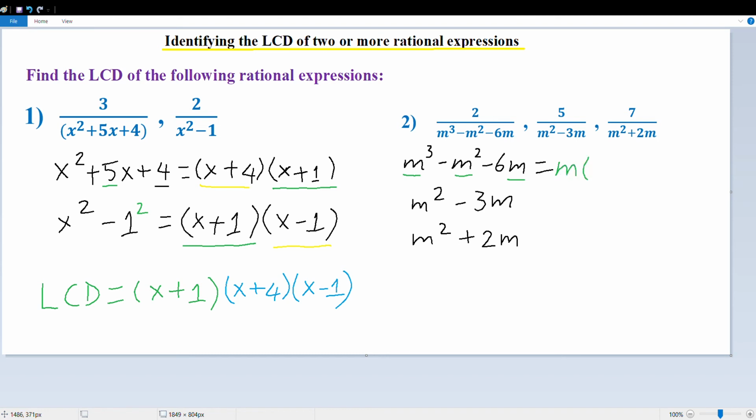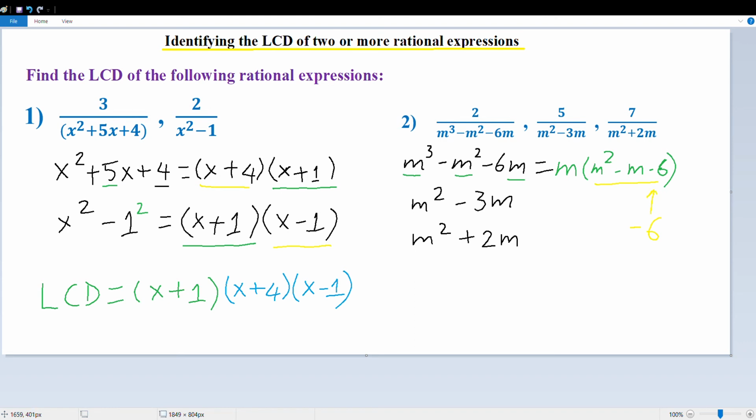Once we factor out m, the remaining thing would be m squared minus m minus 6, right? Now we'll again look for anything that could be factored out. So here we have m squared minus m minus 6. Let's see if it's possible to factorize this. Here we have negative 6 for the last term.